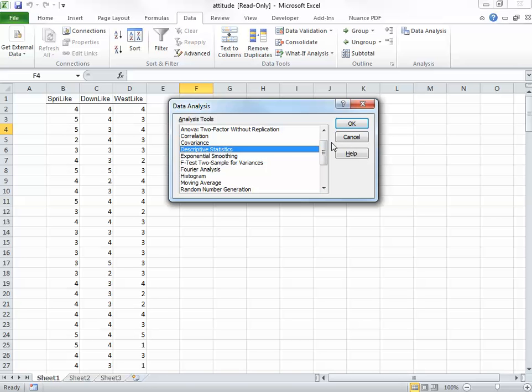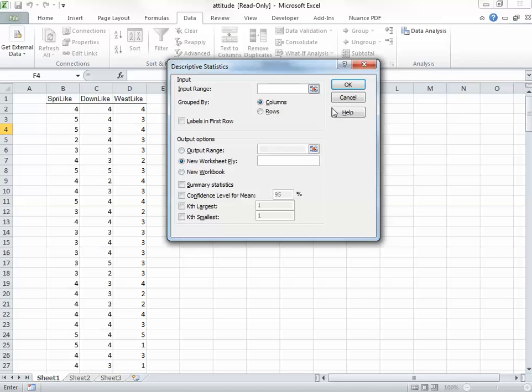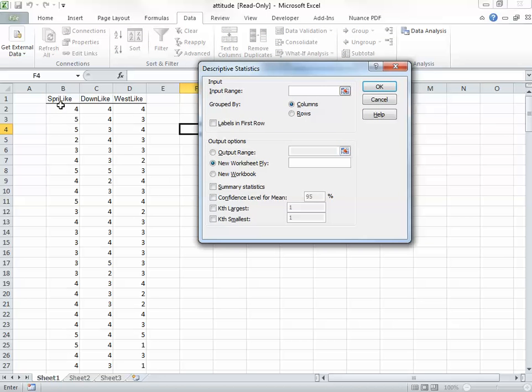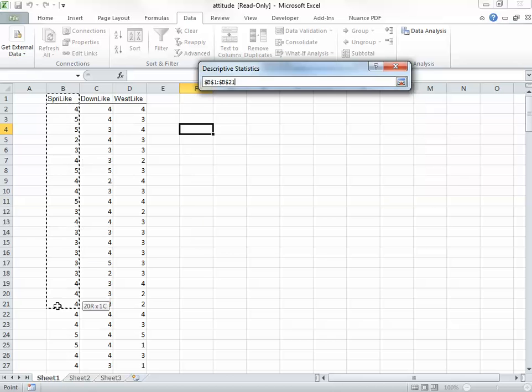Now, we've used descriptive statistics before. This time, let's just estimate the population's perception of Springdale Mall. The Springdale Mall is based on a Likert scale where 1 means that you don't like the mall, a 5 means that you really like the mall.